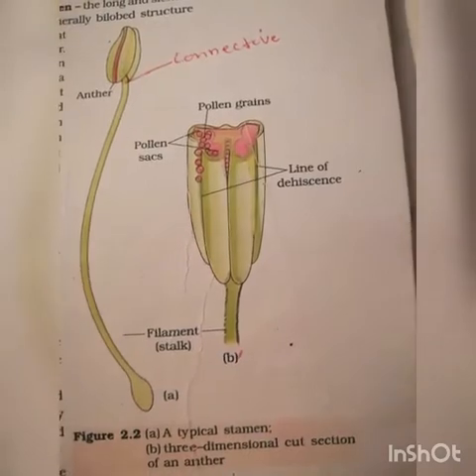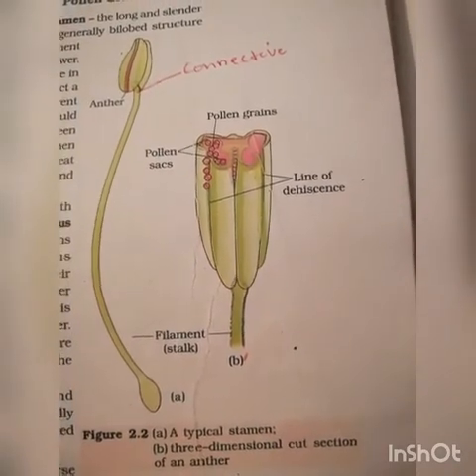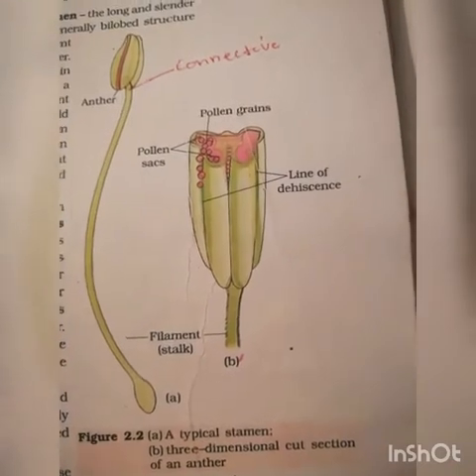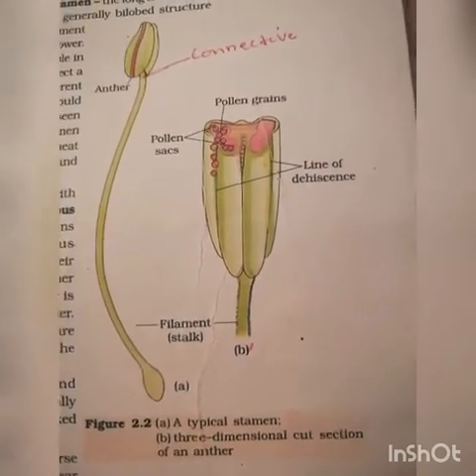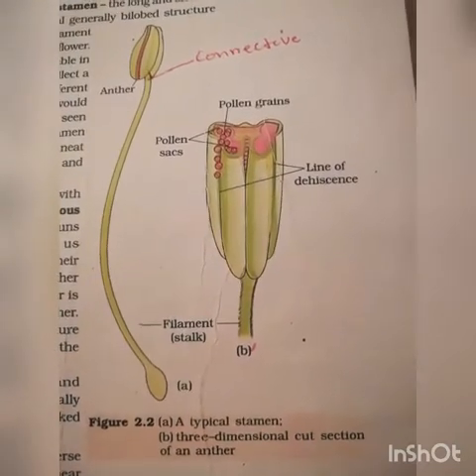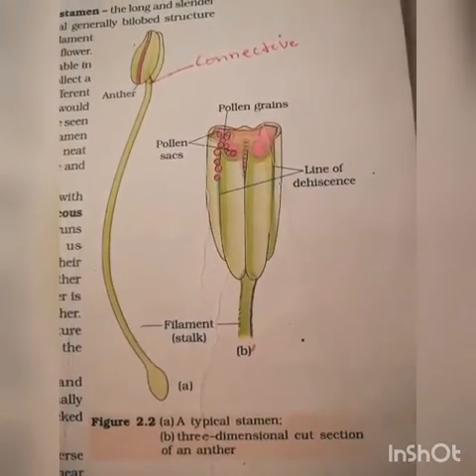In case of a flower or angiospermic flower, androecium or stamens are also called the male reproductive part of a flower.